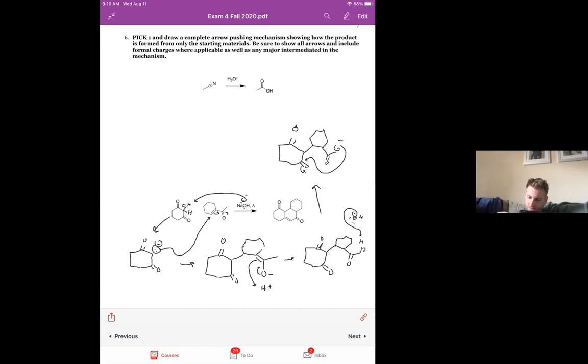We're going to form what looks like our main product. I'm going to grab a proton. And then in our final step, we're going to do this double bond formation in order to get to our final product.